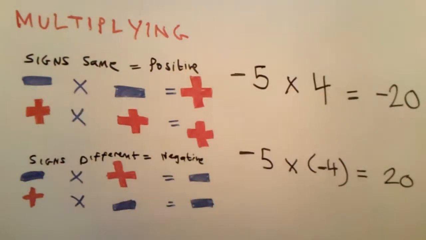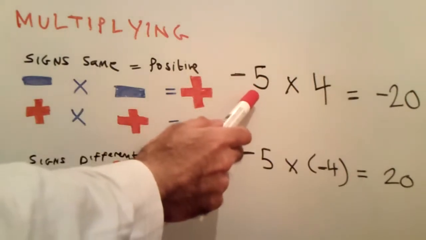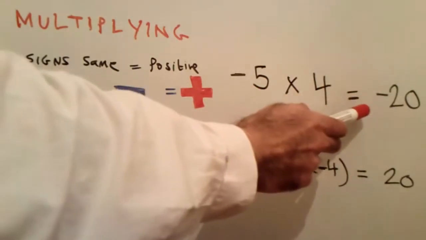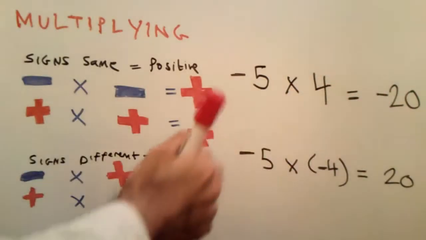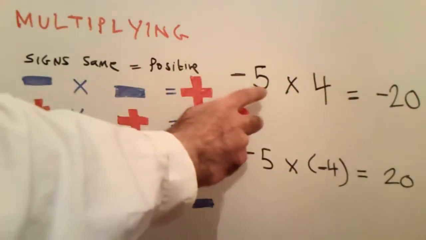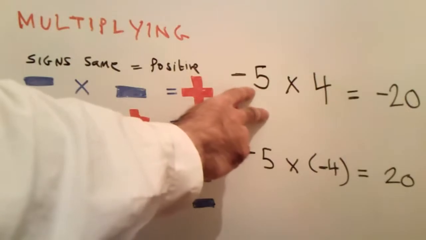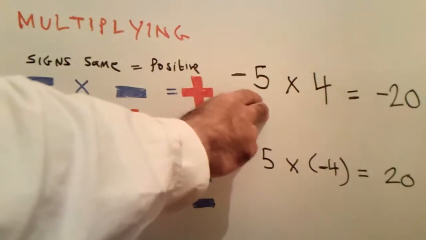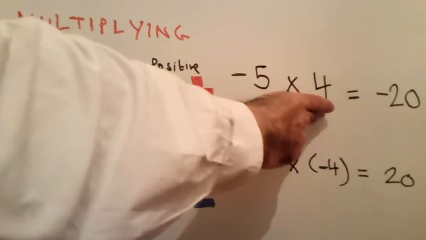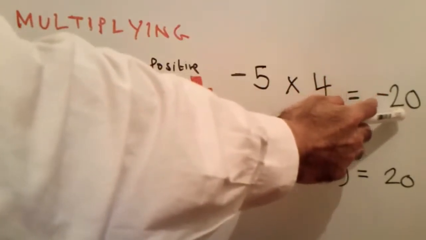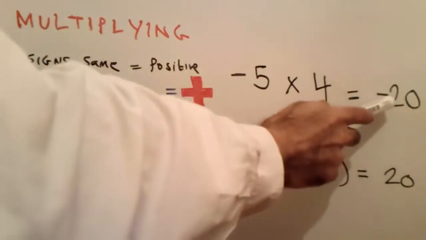Okay, let's have a quick example using money to demonstrate multiplying negative numbers. So imagine -5 times 4, which we know is -20. Let's say that's your fine. You're fined £5 over 4 months, and the total that's deducted is 20.